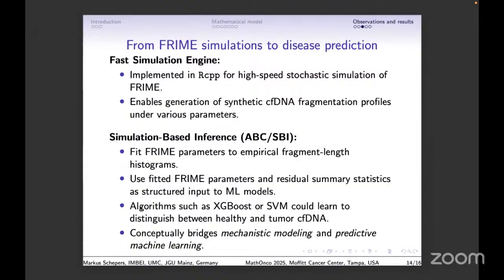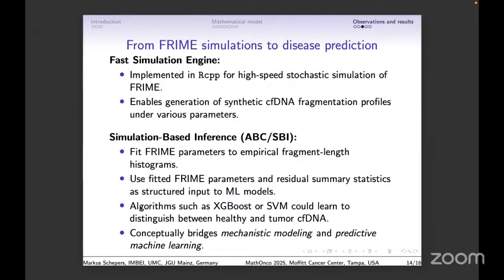And then the current plan is to use those parameters estimated from the data, maybe along with residual summary statistics, as features for machine learning algorithms such as extreme gradient boosting or support vector machines for classification between healthy and tumor cfDNA.